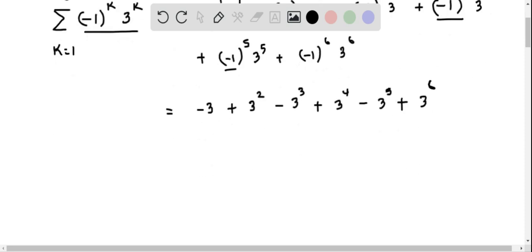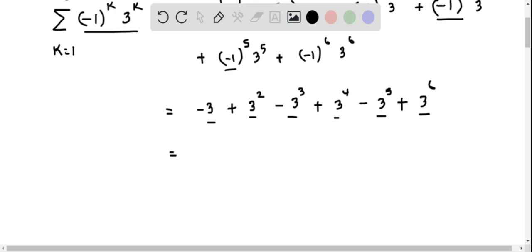And so we just have to simplify this, find the equivalent of all the powers of 3 and determine the sum. I'm going to consider the terms negative 3, negative 3 power 3, and negative 3 power 5 as one quantity, and then 3 power 2, 3 power 4, and 3 power 6. We can group them while adding.